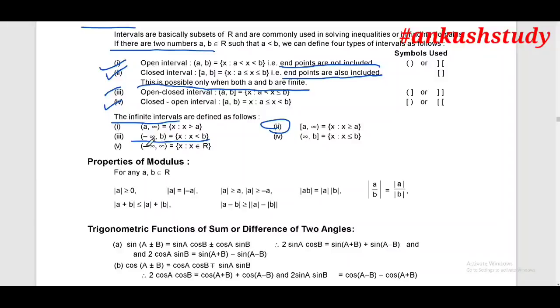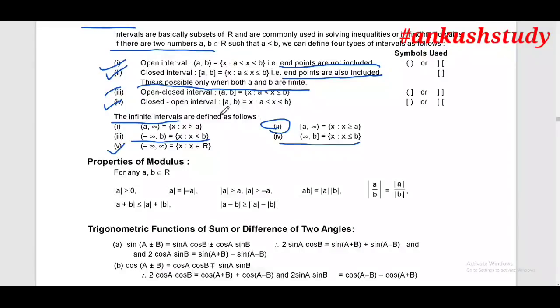The third one, (−∞, b), is equal to {x : x < b}, and the fourth one, (−∞, b], is equal to {x : x ≤ b}. The fifth one, (−∞, ∞), is equal to {x : x belongs to R}.